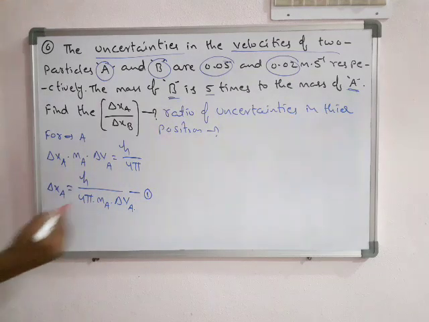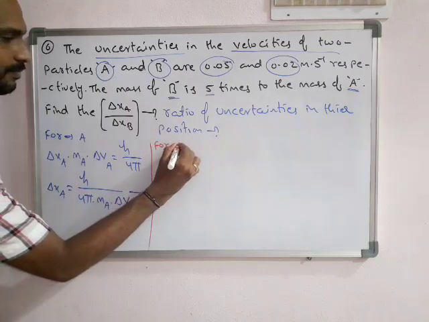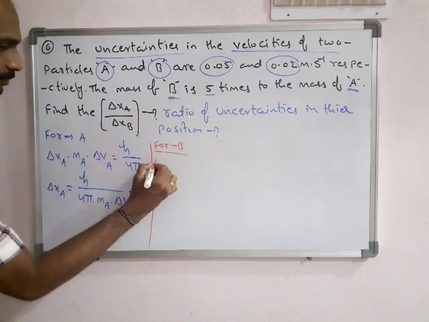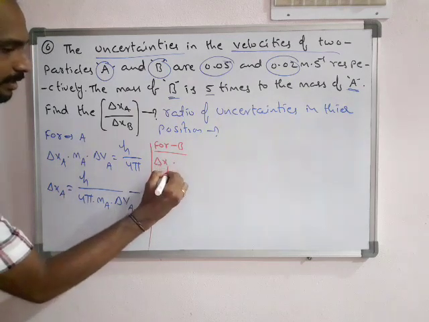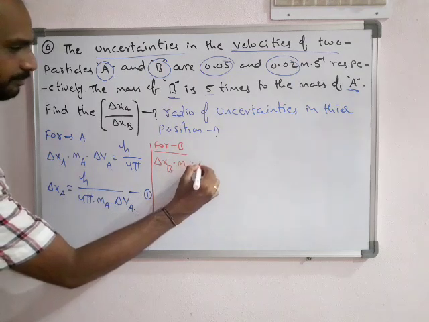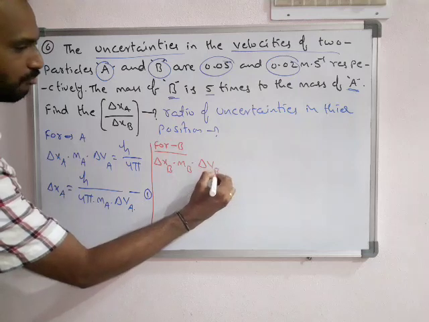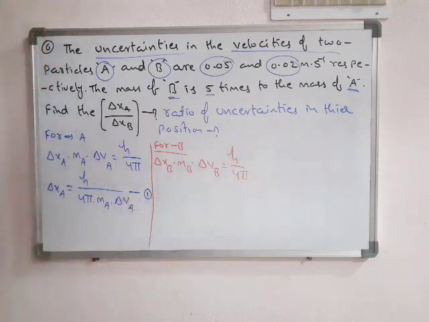Now write for particle B. For B particle, delta XB, mass of B, delta V of B is equal to h by 4 pi.